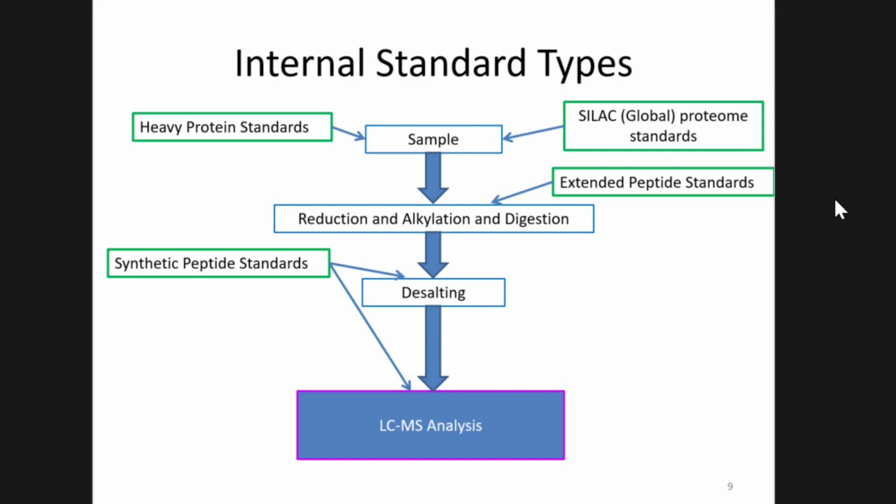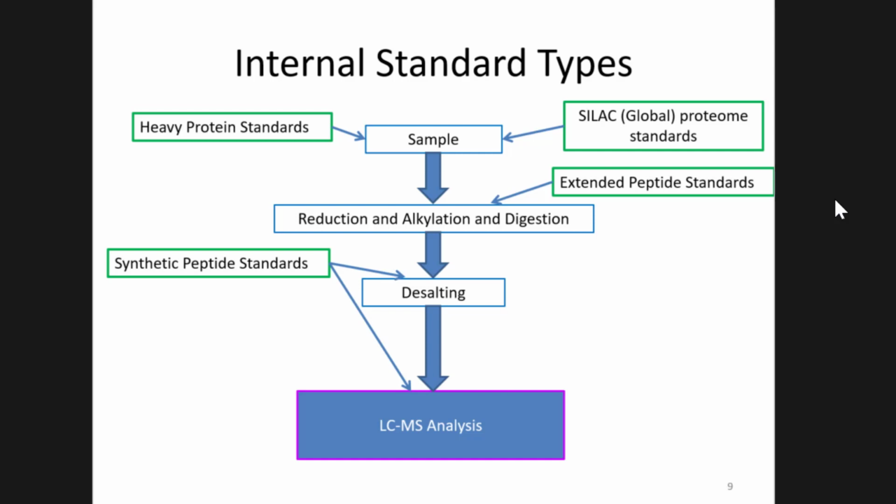Extended peptide standards are really similar to synthetic tryptic peptide standards, except, as I mentioned, they include the native amino acid sequence on either side of the tryptic cleavage points. So the idea there is you have a peptide, you spike it in with the trypsin. You might spike it in during the reduction alkylation process.